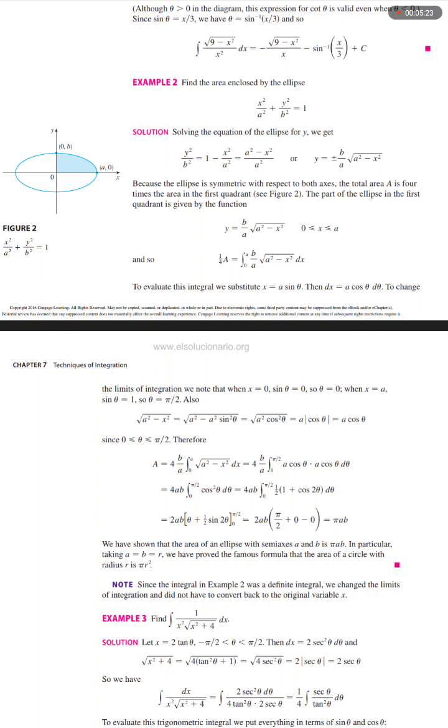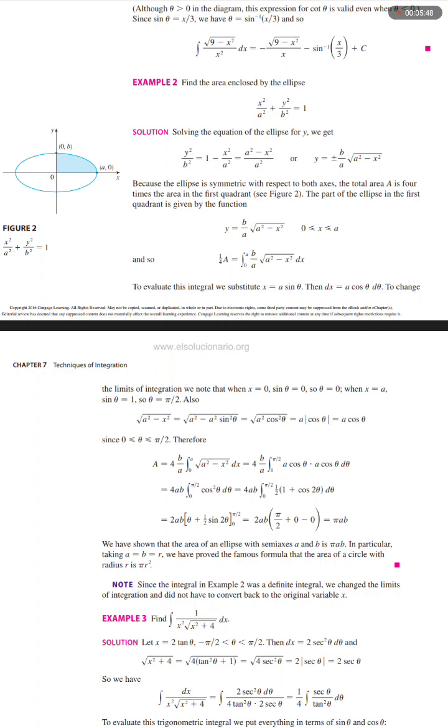Sidebar, Figure 2: x squared over a squared plus y squared over b squared equals 1. In the graph, there's a y-axis and an x-axis, a point A, 0 and a point 0, B. Back to the text. Solution.